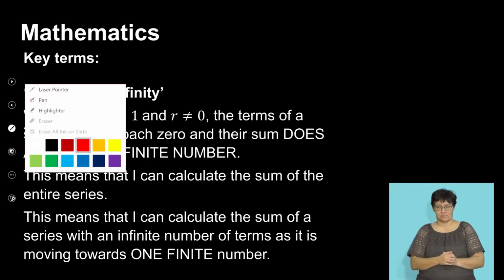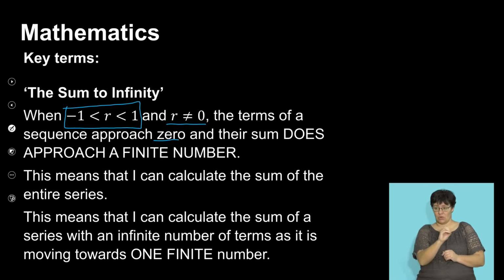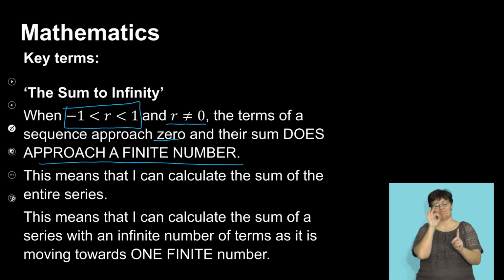So guys, the sum to infinity is when I have a ratio that is between -1 and 1. So it's a proper fraction and the ratio does not have a value of 0. The terms of a sequence approach 0 and their sum does approach a finite number. So this is essentially just saying when I've got a ratio between -1 and 1, the series is convergent.